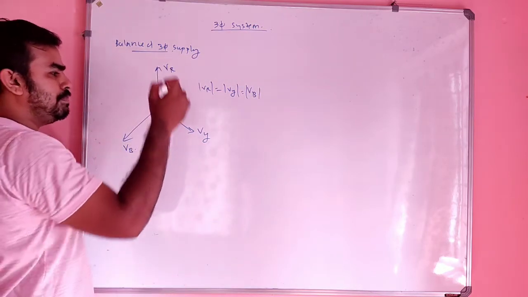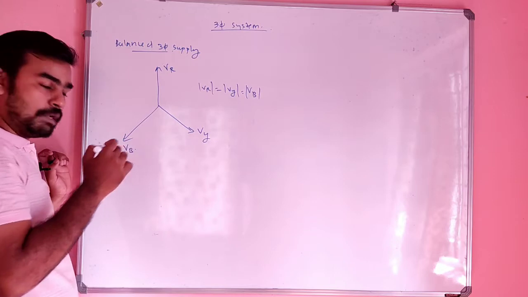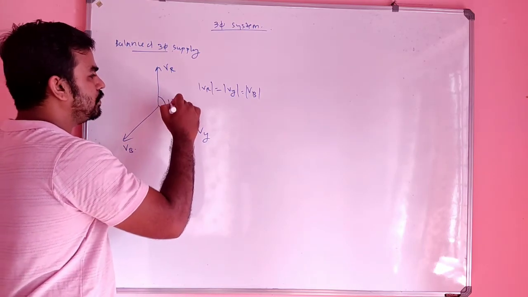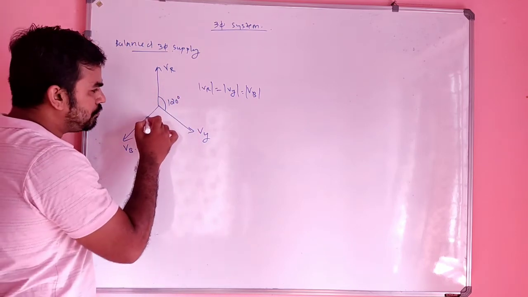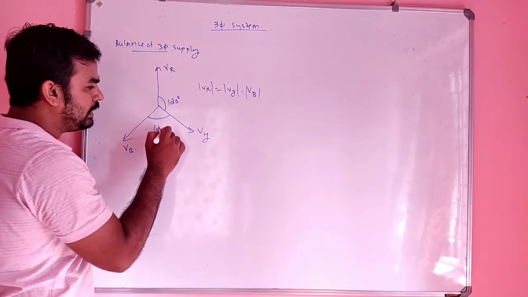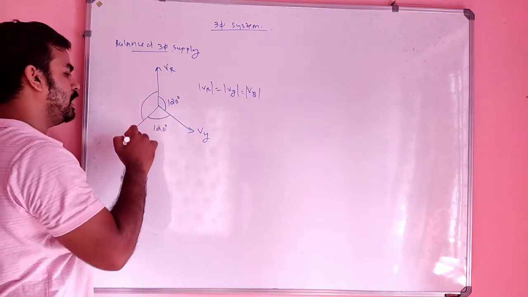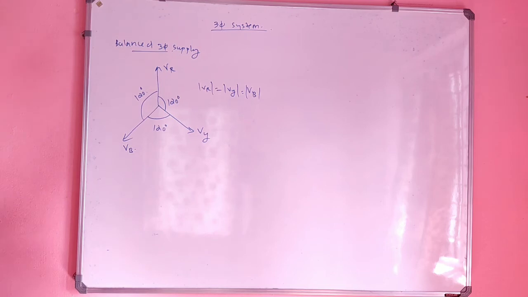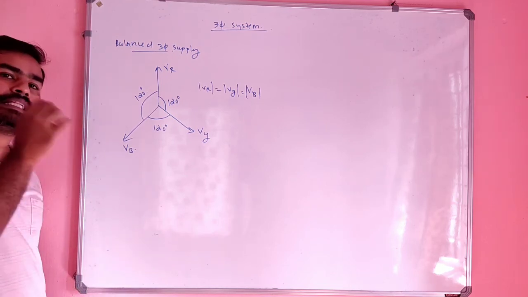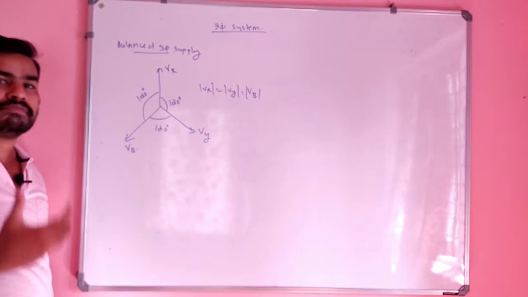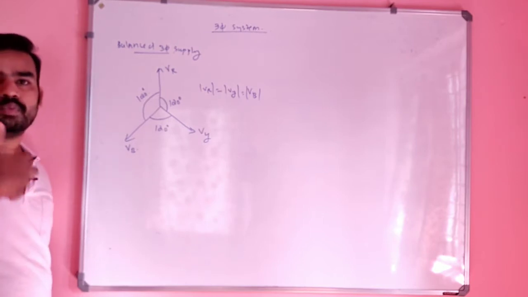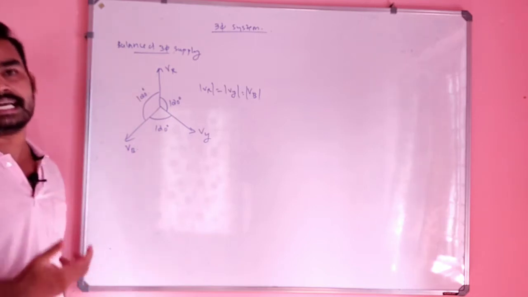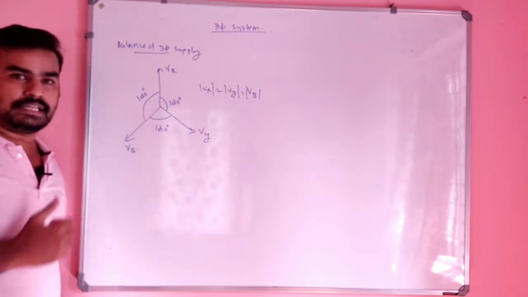And the phase angle between VR and VY will be 120 degrees, the phase angle between VY and VB will be 120 degrees, and the phase angle between R and B will be again 120 degrees. That means there is 120 degree phase difference between adjacent phases, adjacent voltages. Then we can say that it's a balanced three-phase supply.